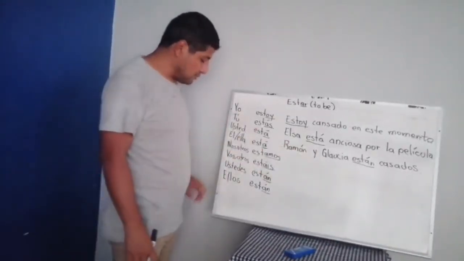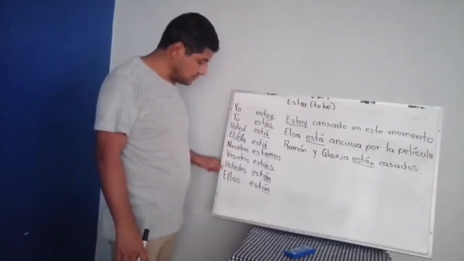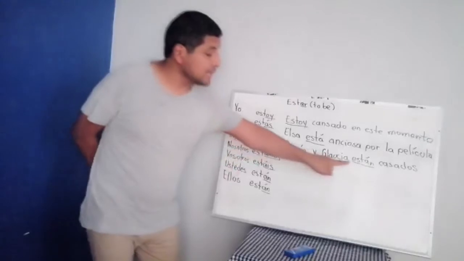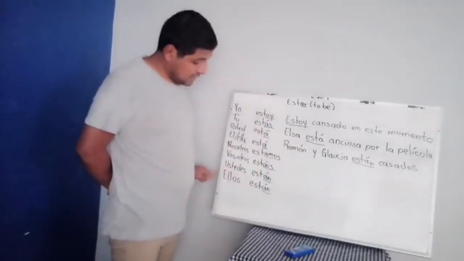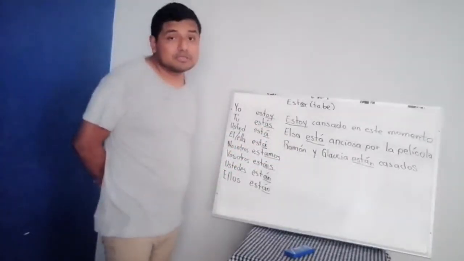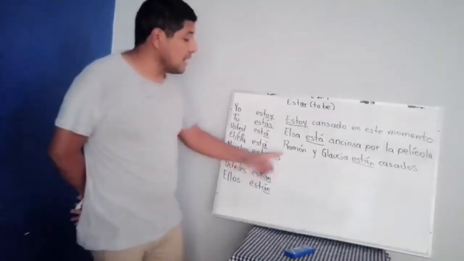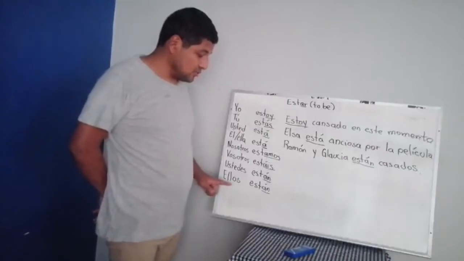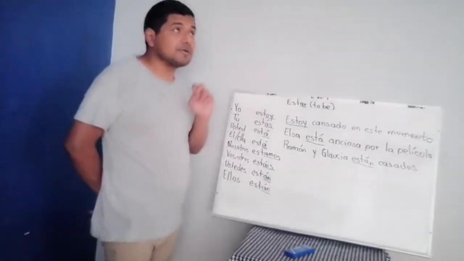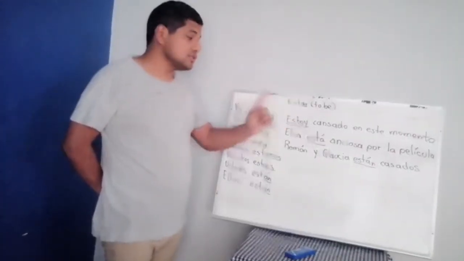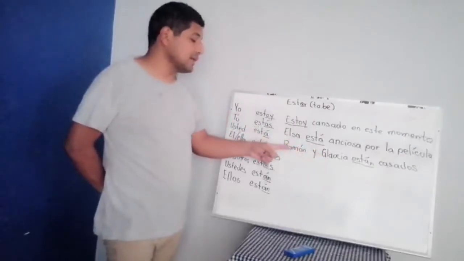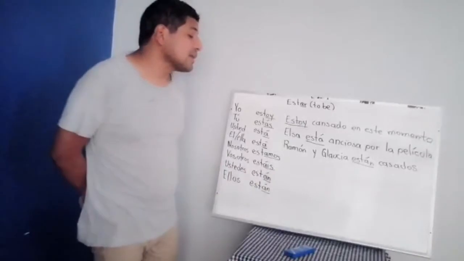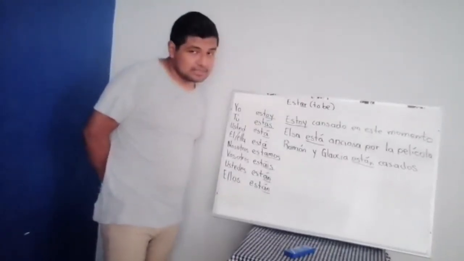Remember that they are plural, so we have two options, because we have están: ustedes or ellos. Remember that they are third person, therefore it is ellos. Remember ellas is for exclusively two women, but here we have a man and a woman, so therefore it is ellos.